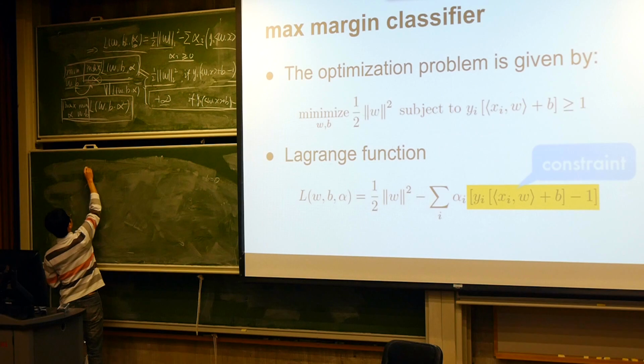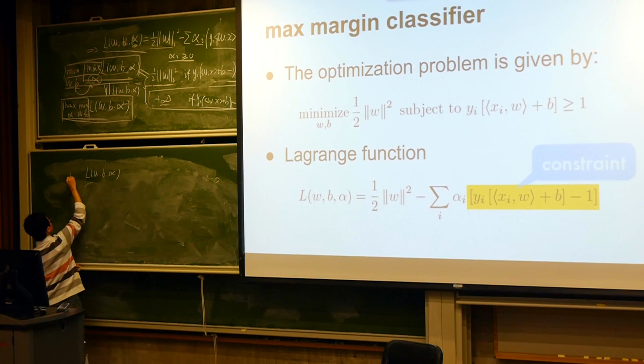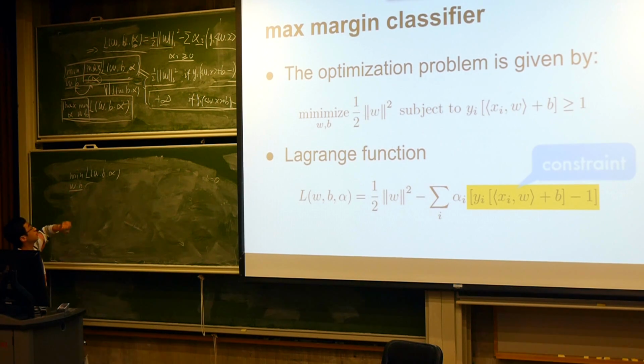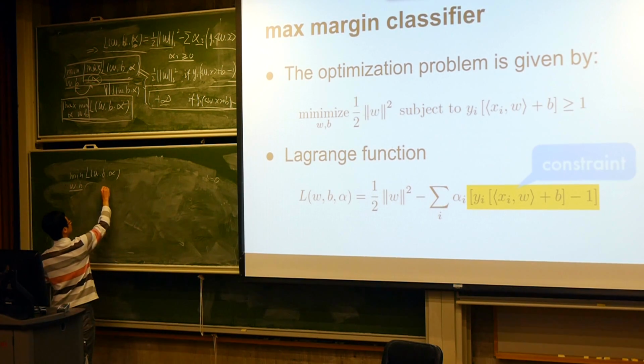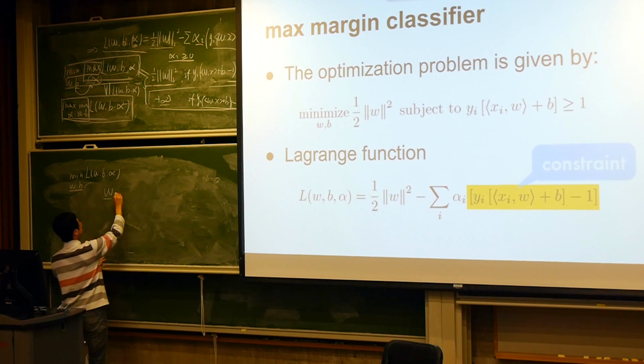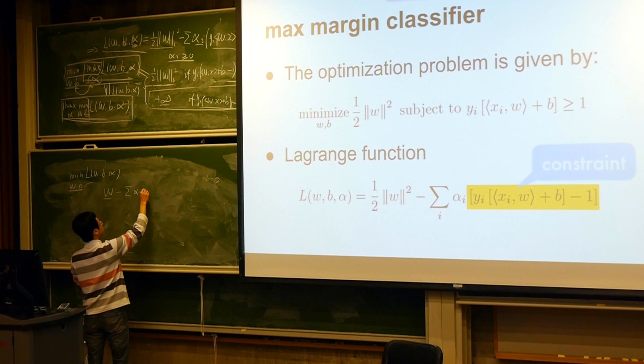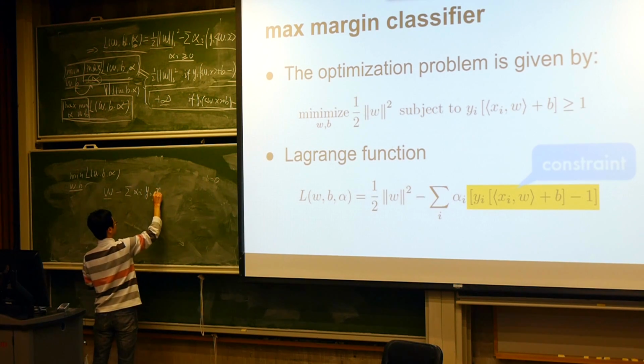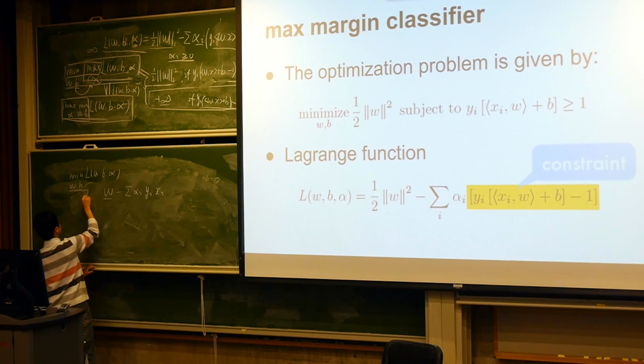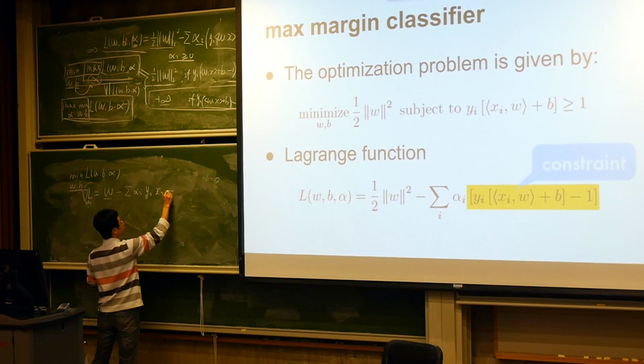So we want to minimize over W and B. So we take the derivative with respect to W and B. So for the original function, for the first term, we have this is a derivative, right? For the second term, this is a derivative with respect to W. We set it equal to 0.